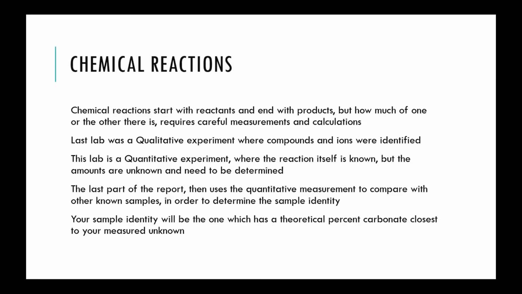You could identify the different compounds that were created, but that was it. This experiment looks at how much of the compound is created or how much is present. And this would be referred to as a quantitative experiment where you're measuring an exact and precise amount.